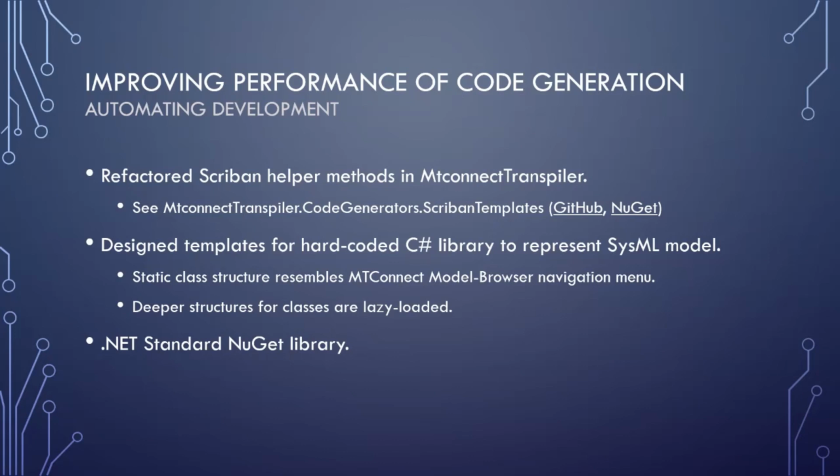So in order to solve this problem, we basically decided to create a transpiler for the transpiler, and we decided to create an additional C# library that you can, again, find on GitHub and on NuGet. We created two. We created one that simplifies the generation of language files using Scriban.